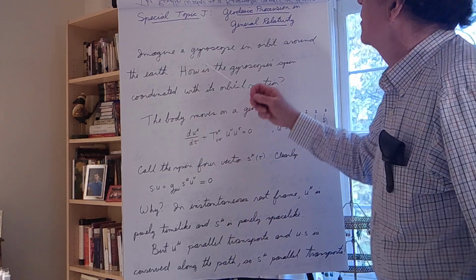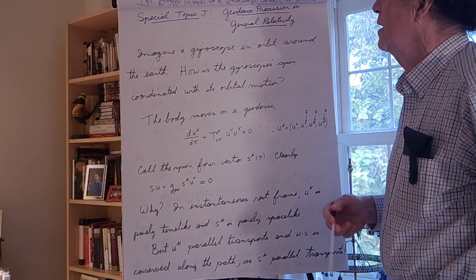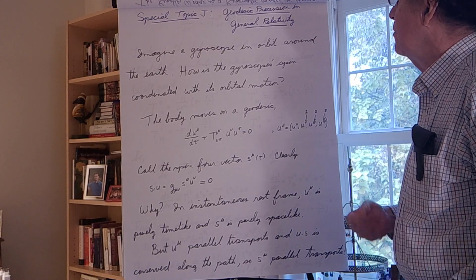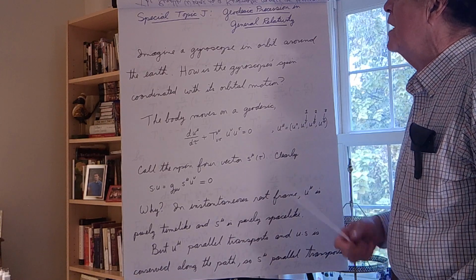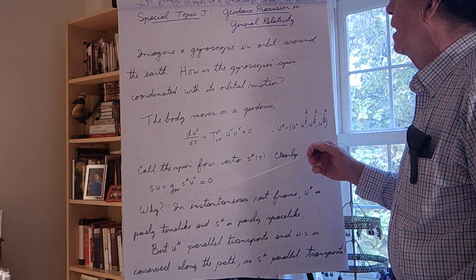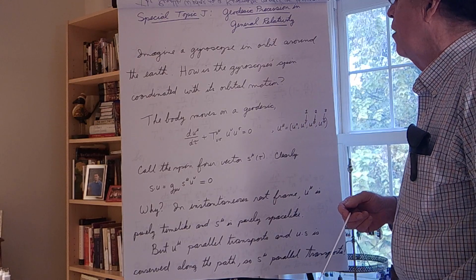Okay, so here we go. Imagine a gyroscope in orbit around the Earth, well, some planet or some star where the rotational angular momentum is not significant. Okay. How is the gyroscope spin correlated to the orbital motion?